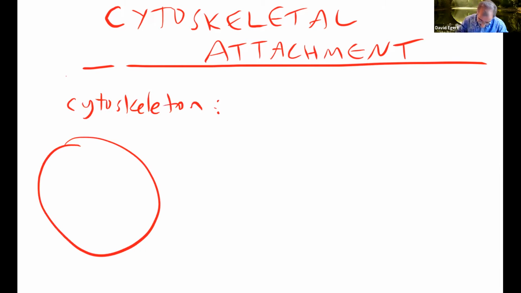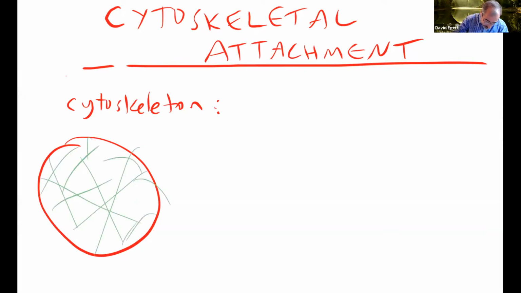It's got a very highly organized system of scaffolding, and things are anchored in place, and things can move along little railways to get pulled from one side to the other. What are different elements of a cytoskeleton? There are 3 main cytoskeletal elements we usually talk about. The first one is microtubules.